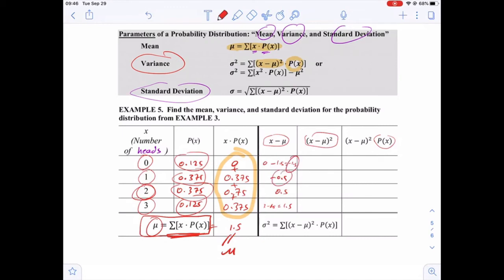And then we square these numbers here. The square of the first number is 2.25. The square of negative 0.5 is 0.25. The square of 0.5 is 0.25. Square of 1.5 is 2.25. And then we multiply this by the corresponding probability.